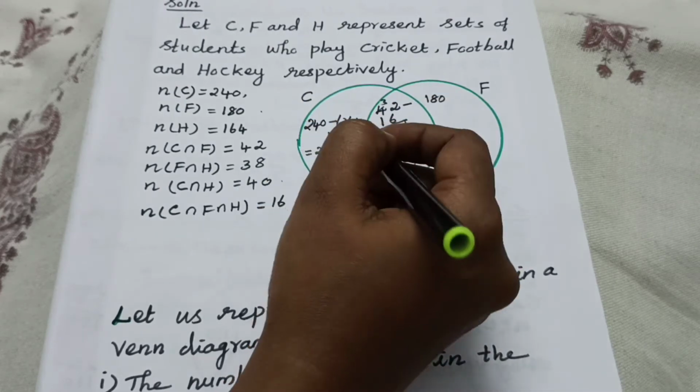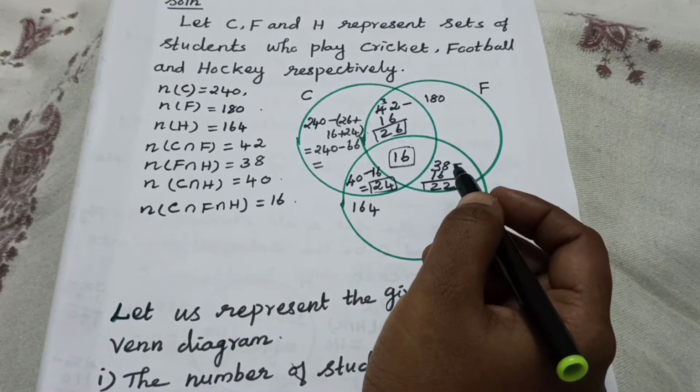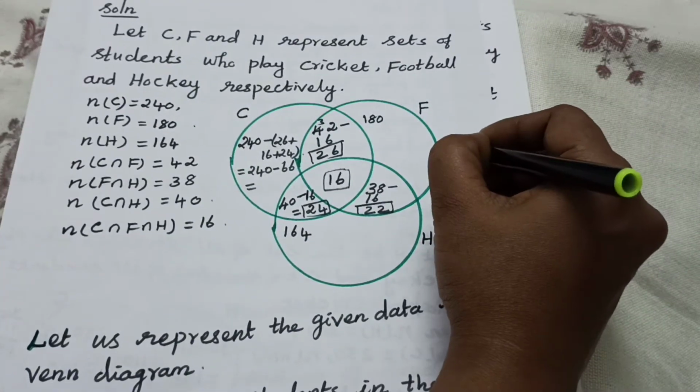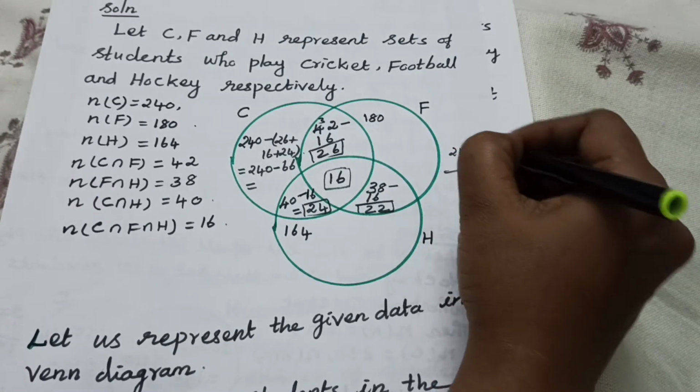From here we have to subtract: 240 minus 66.